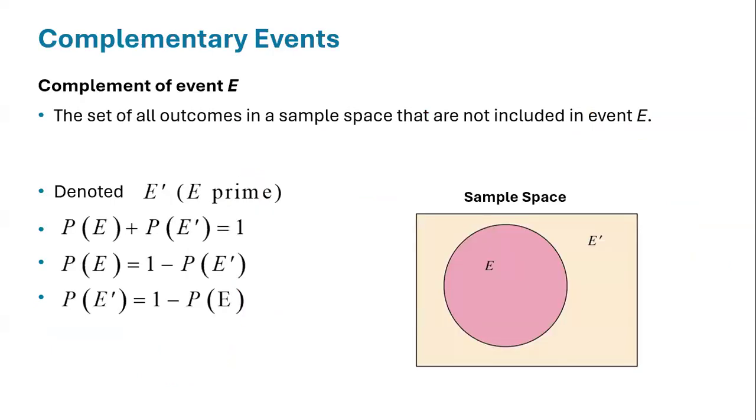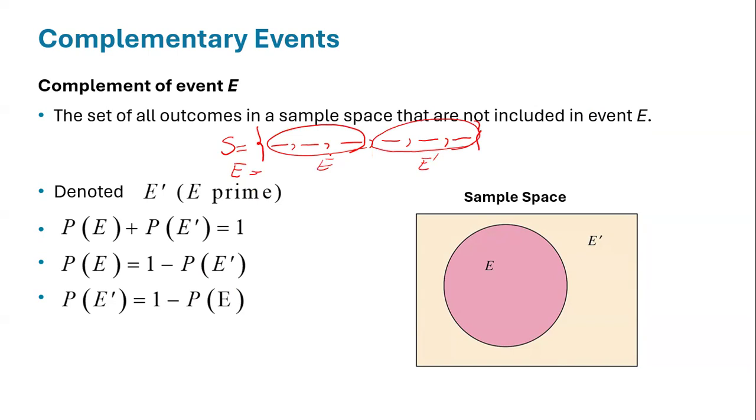The complementary events. The complement of any event is the set of all outcomes in the sample space that are not in that specific event. We said that the sample space includes all possible outcomes. If event E is a subset of the sample space and has, for example, only 3 of the outcomes, then the remainder of the sample space is in event E prime.